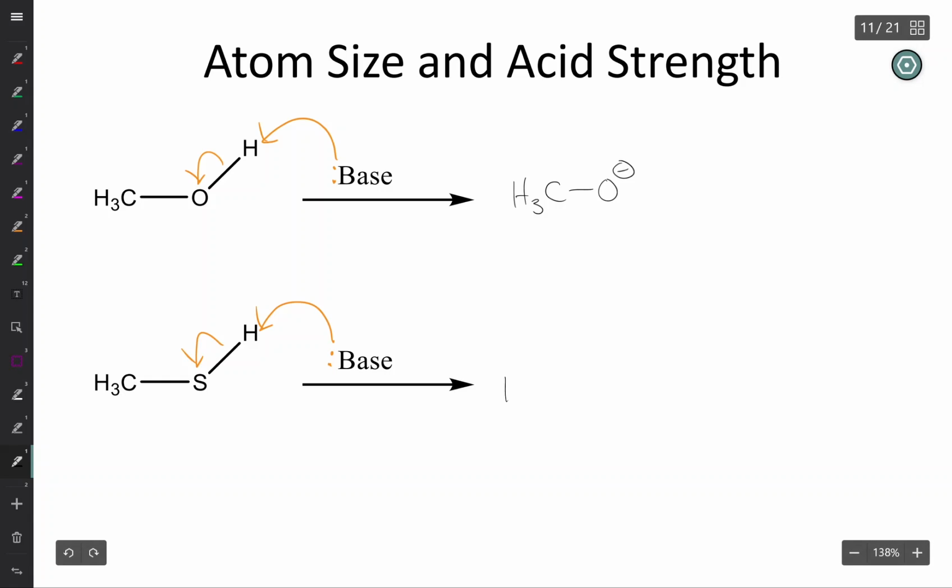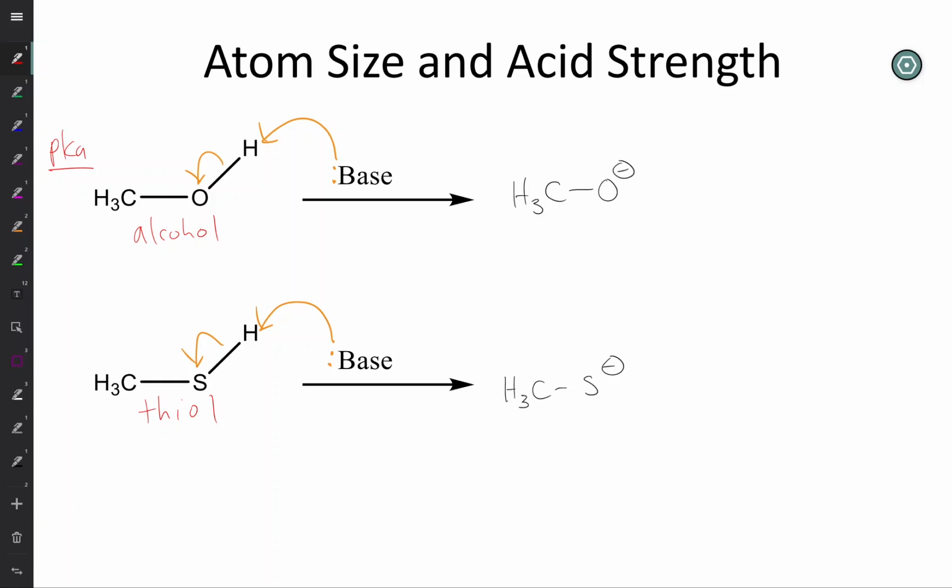If I take an H plus away from this second molecule, which is called a thiol, then I'm left with a negative charge on sulfur.